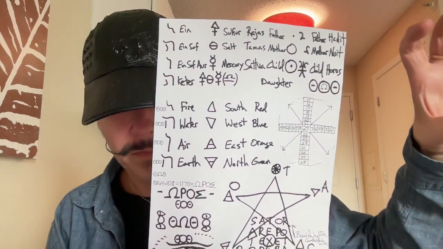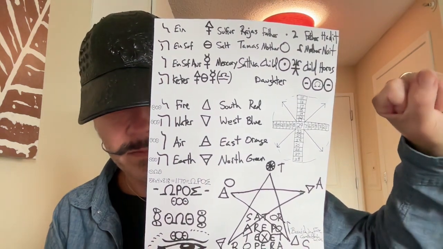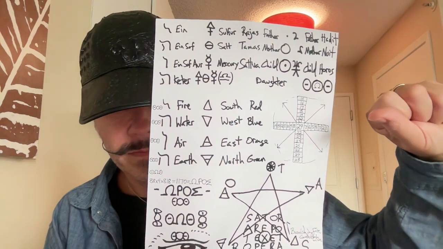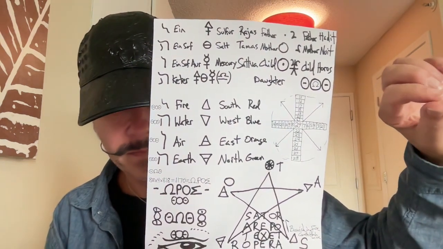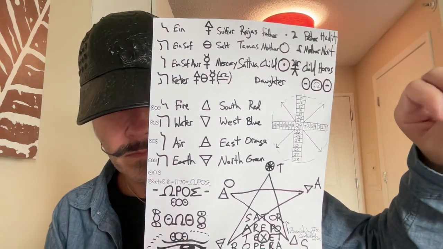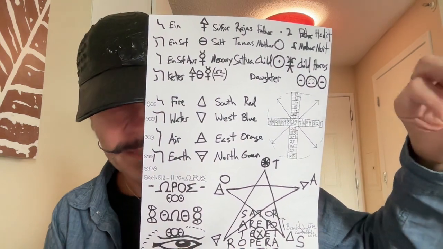Number 2, Sattva. Number 1, Sattva. Ein Sof Aur, Sattva. Taiji, 2, Sattva. Okay.